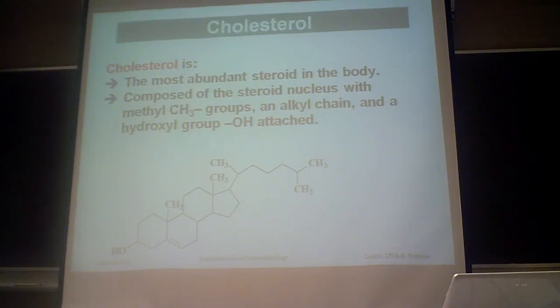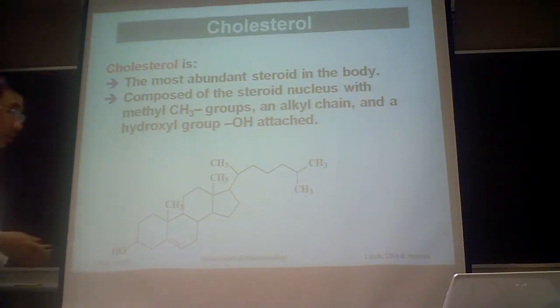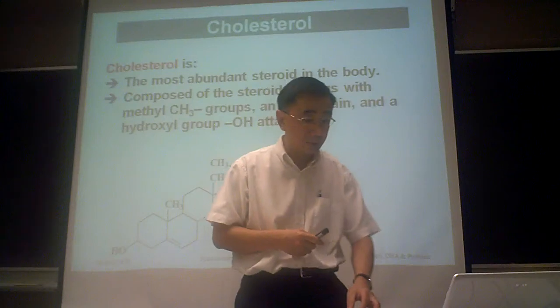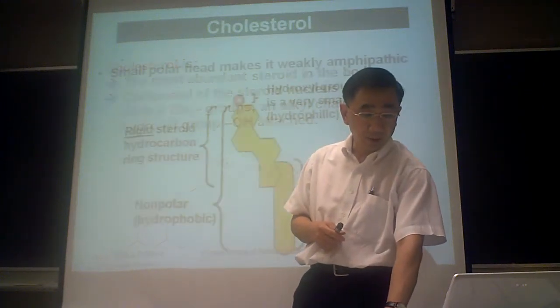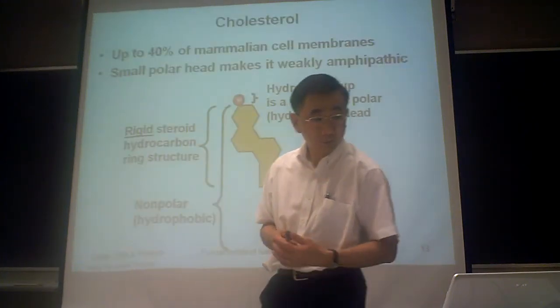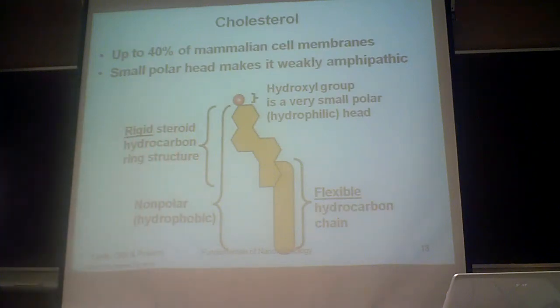So basically, it's a very hydrophobic compound, but it is a very important molecule that is essential for our body function. Cholesterol makes up to 40% of the mammalian cell membrane. If you're a mammal, which we are, 40% of your cell membrane is made up of cholesterol.